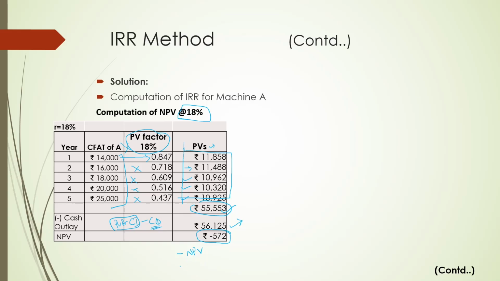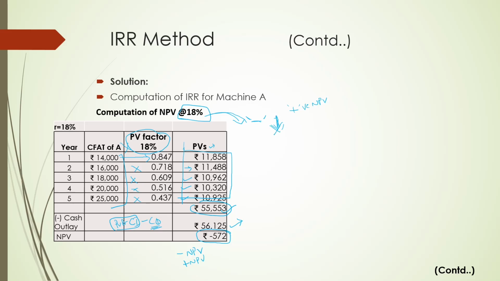So negative NPV. We are not satisfied with this answer. As we discussed earlier, we need another NPV with a positive value so that we can calculate IRR. Now, let us decrease this discount factor so that we are going to get a positive NPV.